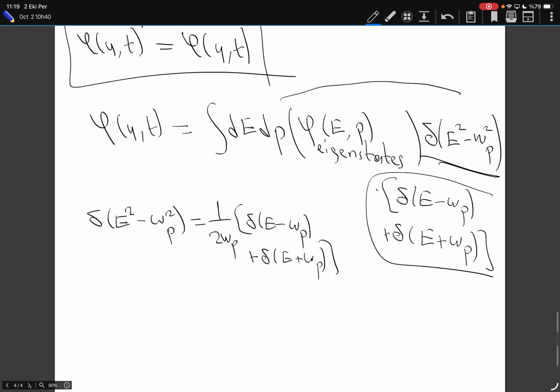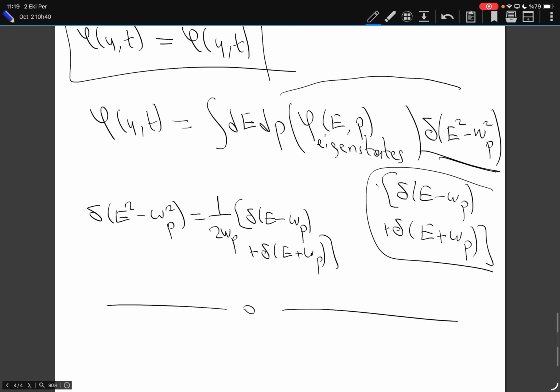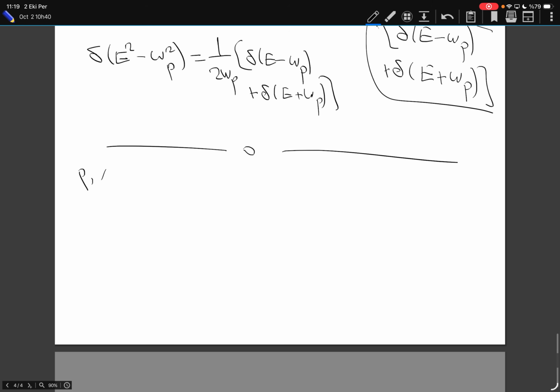Now we have the solution of our fields. Well, let's just leave it there for the time being. Let's quantize our system. How do we quantize the harmonic oscillator? We have the p, we have the x. In classical physics, they are just functions. Quantizing it mainly means that we define the commutator to be plus or minus i.